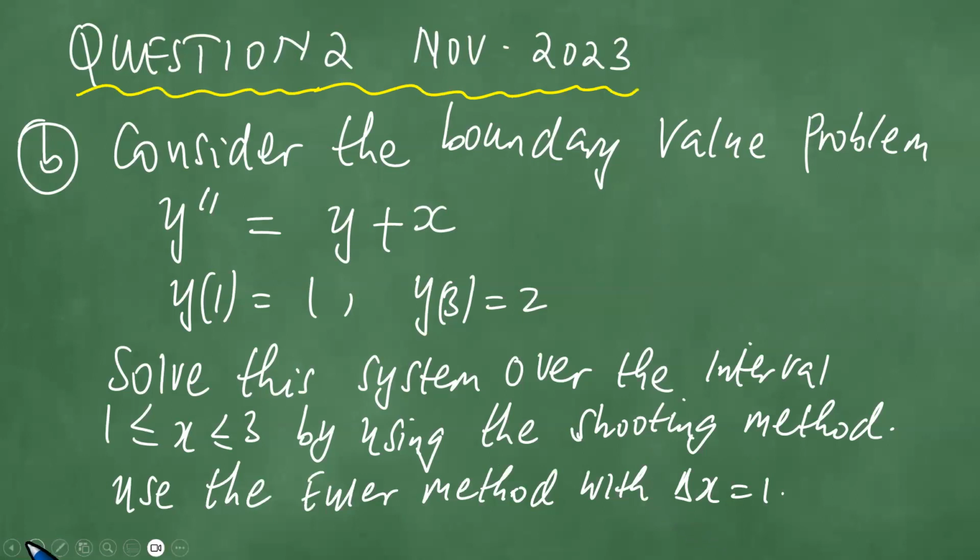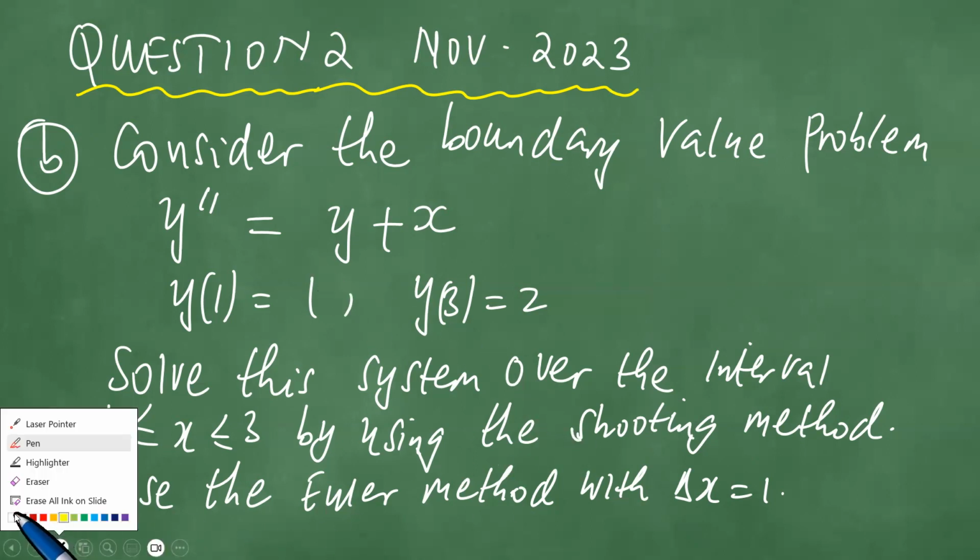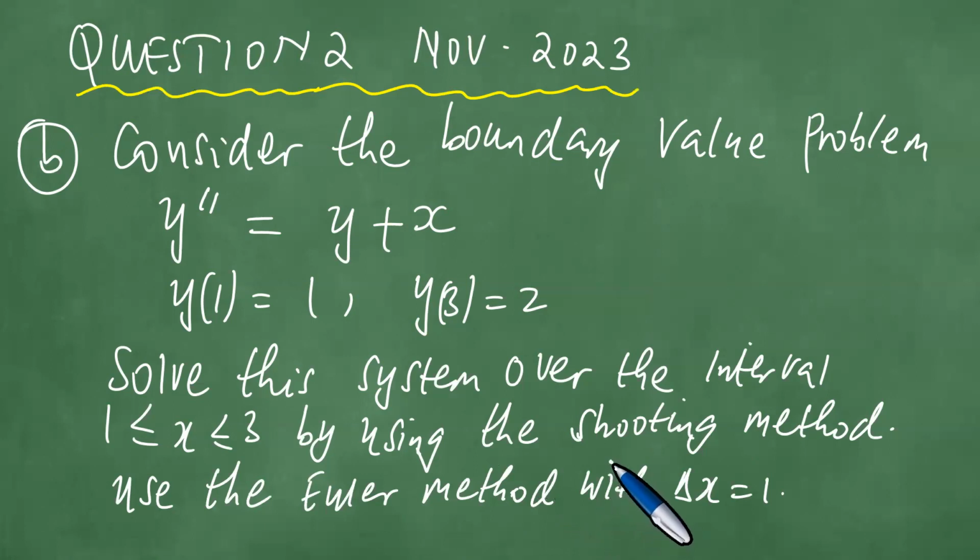Now, a couple of things are important. Consider the boundary value problem: y1 equals 1 and y3 equals 2. Solve this system over the interval x lies between 1 and 3 by using the shooting method. Use the Euler method with delta x equals 1, or just h equals 1.